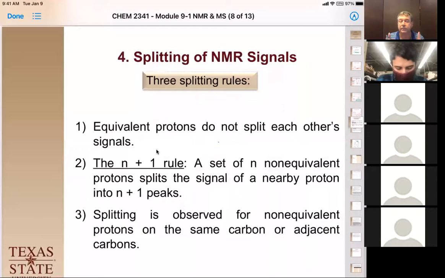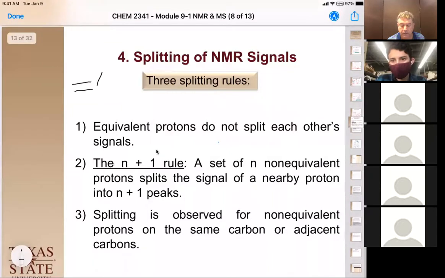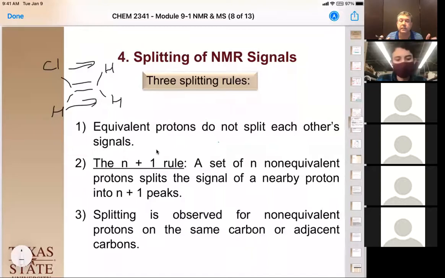So we have to watch out for alkenes and rings when we're talking about equivalency. When we have an alkene here, even though these hydrogens are on the same carbon, they are not equivalent because of their through space interaction and their distance away from that chlorine right there. So we actually end up having 3 signals there, 3 non-equivalent protons.